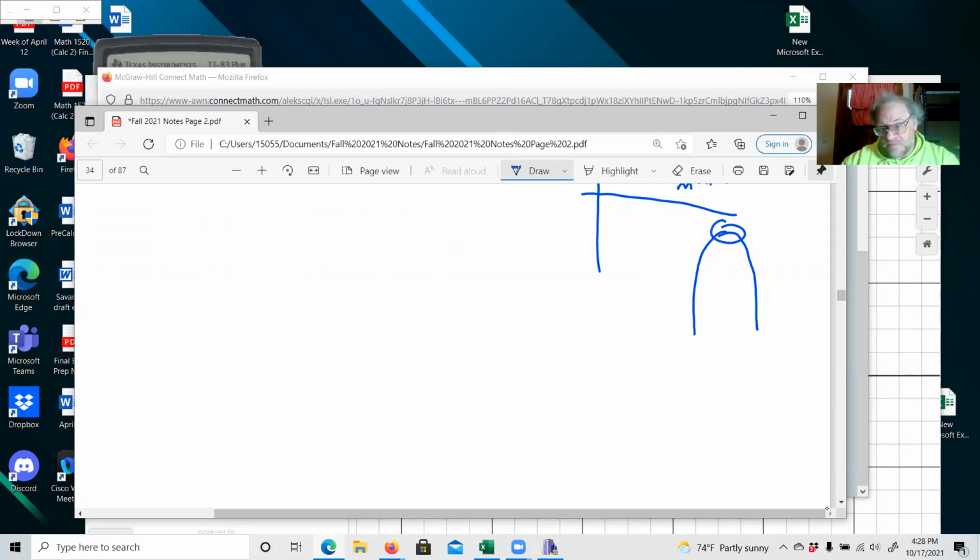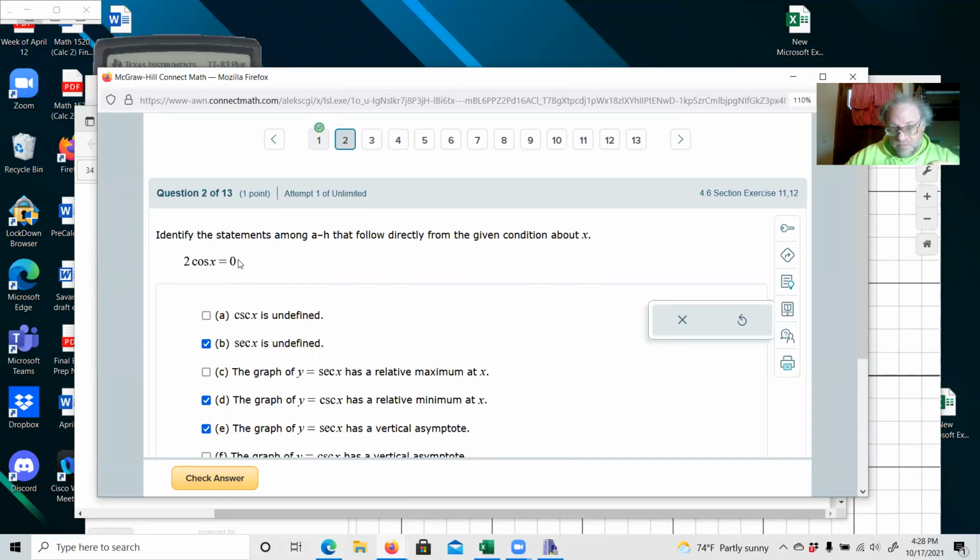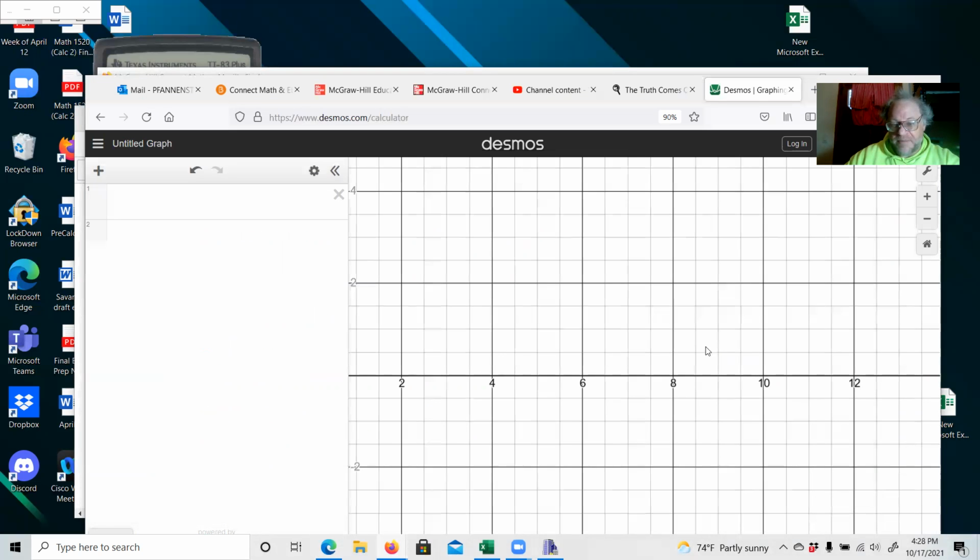It's not an absolute max, not the biggest maximum overall, just the biggest relative to the points around it. So it can have a relative maximum, but not where... Oh, wait a minute. Cosine x equals 0. There are 2 places where that happens, aren't there? So we should double check.